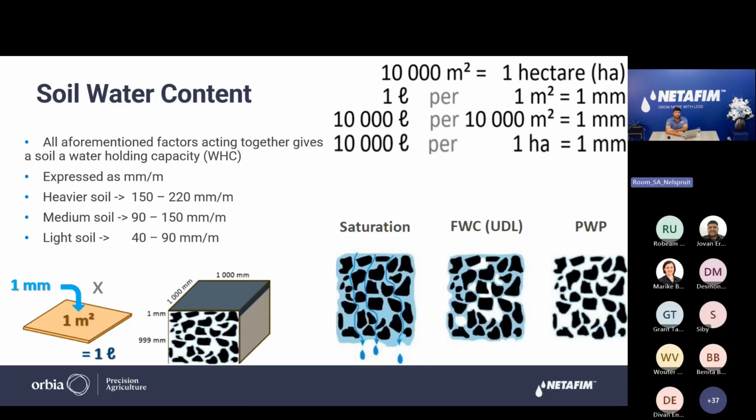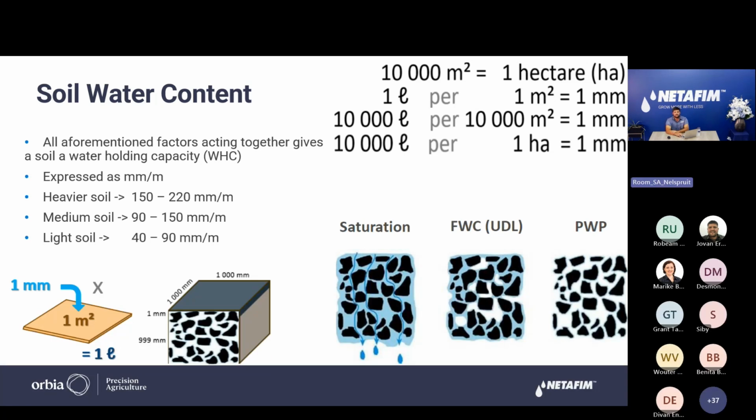Remember that your stone fragments can also impact this water holding capacity greatly. This is considered if your soil is 1 meter deep. So for the theory of it, we will consider our soil uniform and 1 meter deep for the calculation.